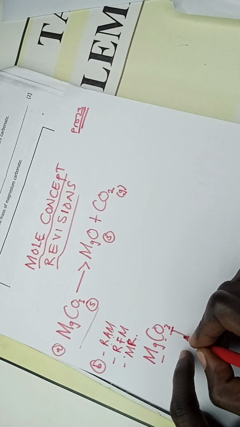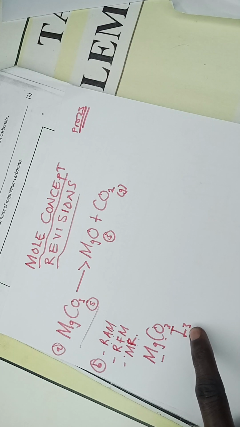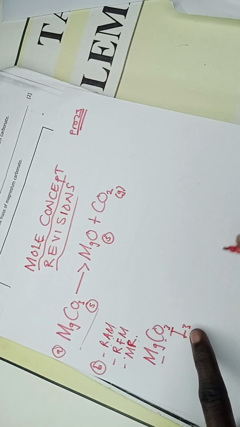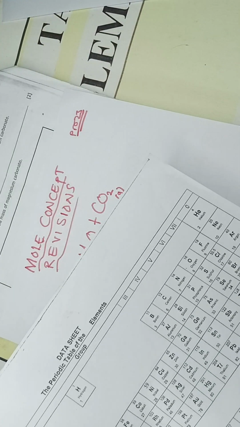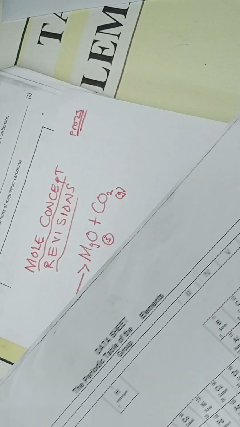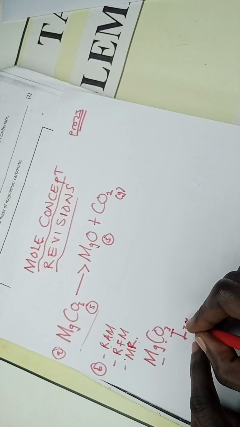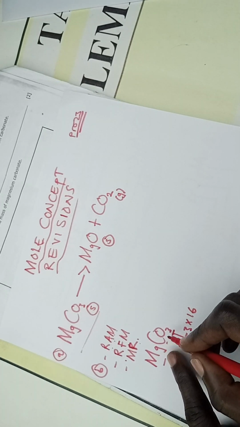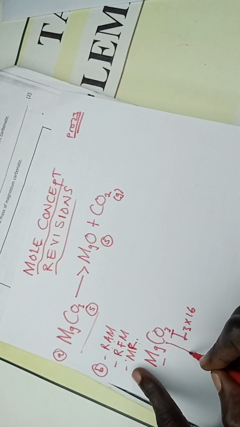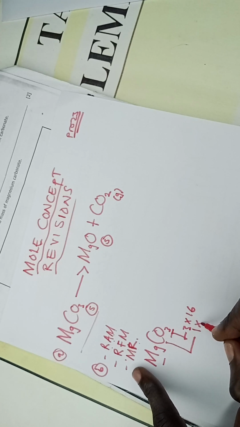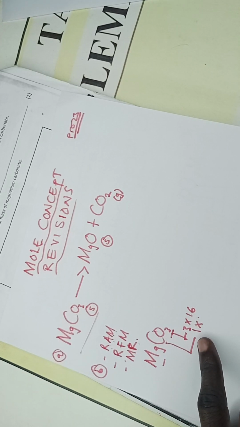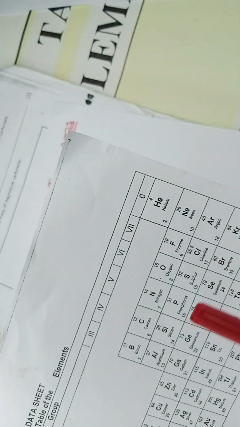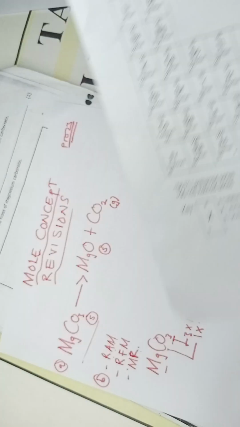For oxygen, we have 3 atoms multiplied by the mass number for oxygen. The mass number for oxygen is 16. So we multiply 3 by 16. Carbon here, we only have 1 atom. We don't have any number for carbon. So we have 1 atom of carbon multiplied by the mass number for carbon, which is 12.